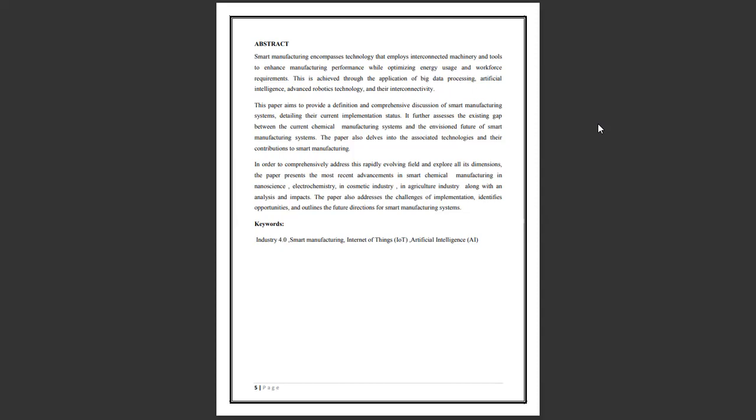In order to comprehensively address this rapidly evolving field and explore all its dimensions, the paper presents the most recent advancements in smart chemical manufacturing, in nanoscience, in electrochemistry, in the cosmetic industry, and in the agriculture industry, along with an analysis of impacts. The paper also addresses the challenges of implementation, identifies opportunities, and outlines the future directions for smart manufacturing systems.